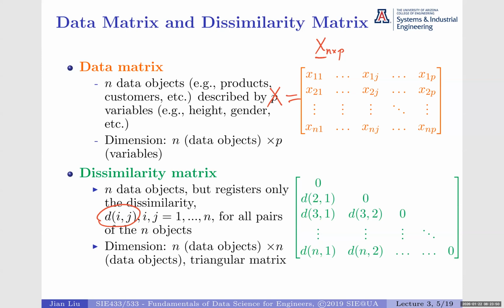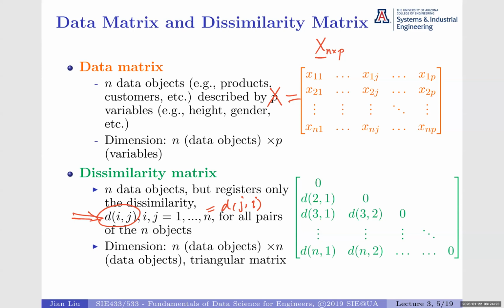It is the same as D(j, i). So we put the dissimilarity between two different data objects on the off-diagonal elements of this dissimilarity matrix.